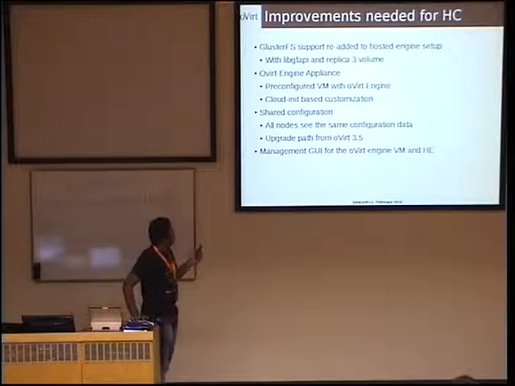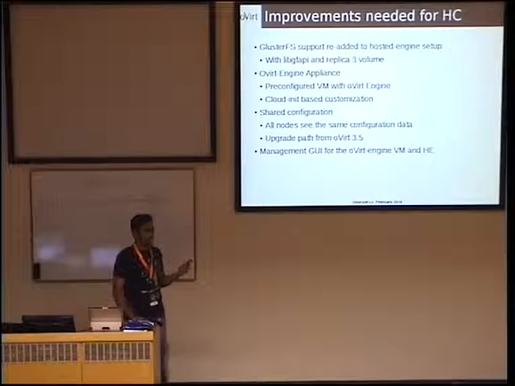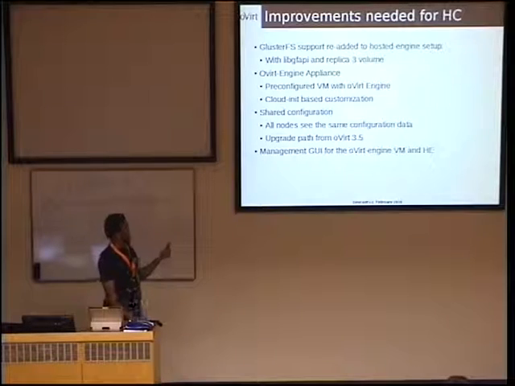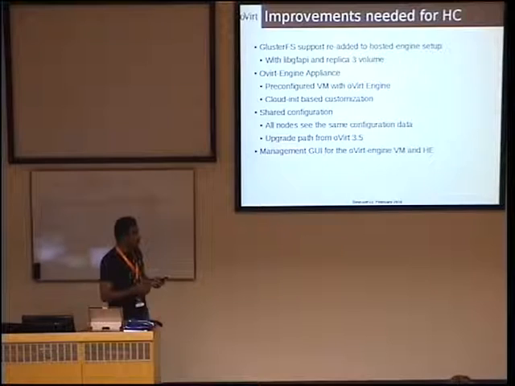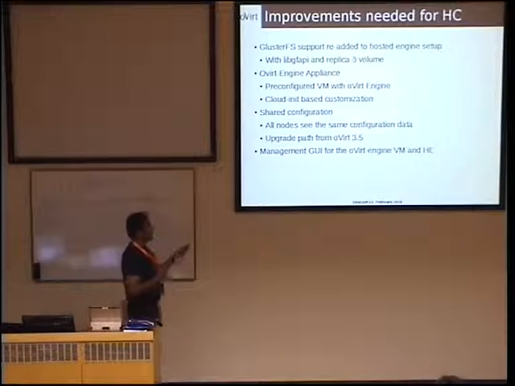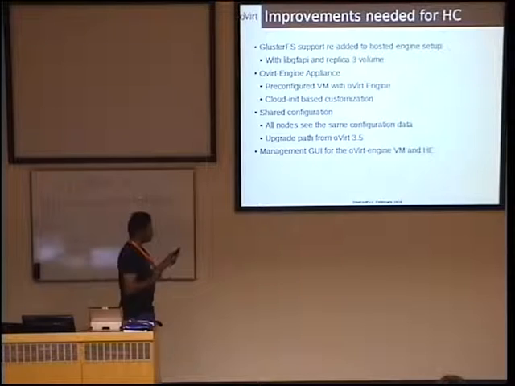Now that will be stored in the same storage, the Gluster FS storage or NFS storage, whatever is hosted engine. In that way, the configuration will be shared across all the hosts. And we have some mechanism to upgrade from oVirt 3.5, where the configurations are separately stored in all the hosts, to move to the shared configuration.